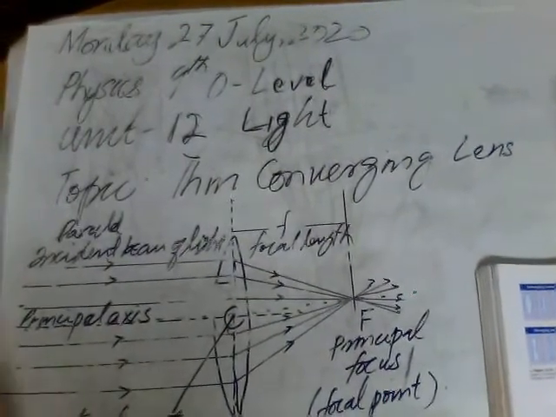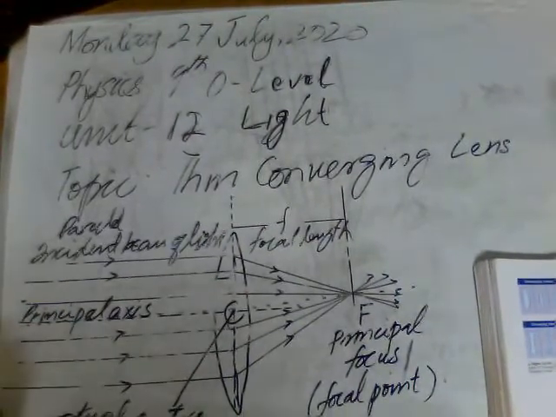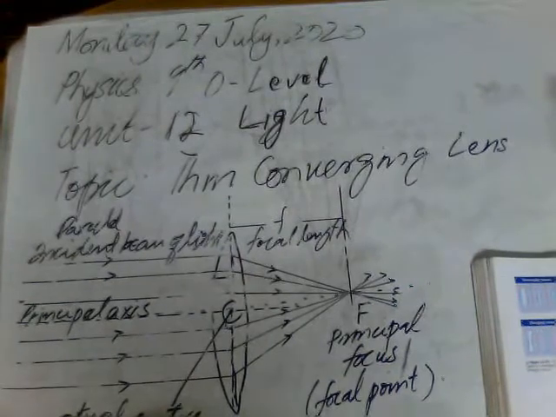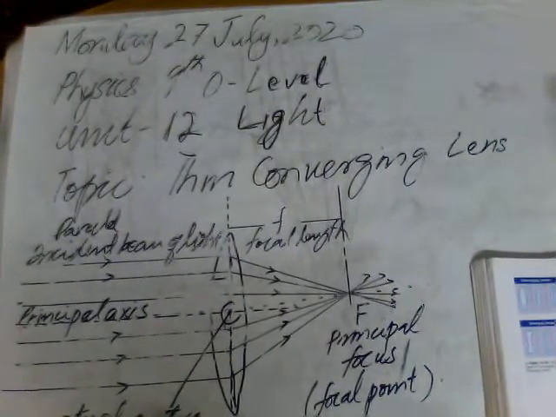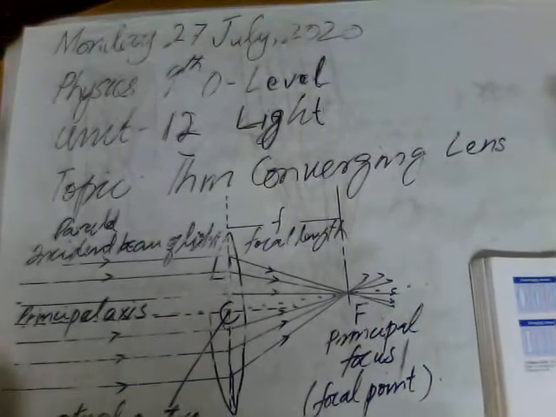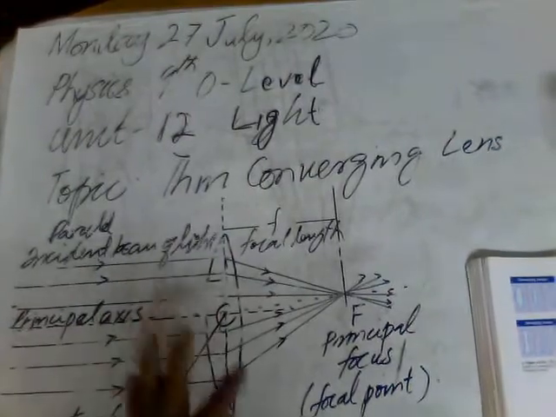So when a parallel incident beam of light strikes a converging or convex lens, these light rays are parallel to the principal axis.